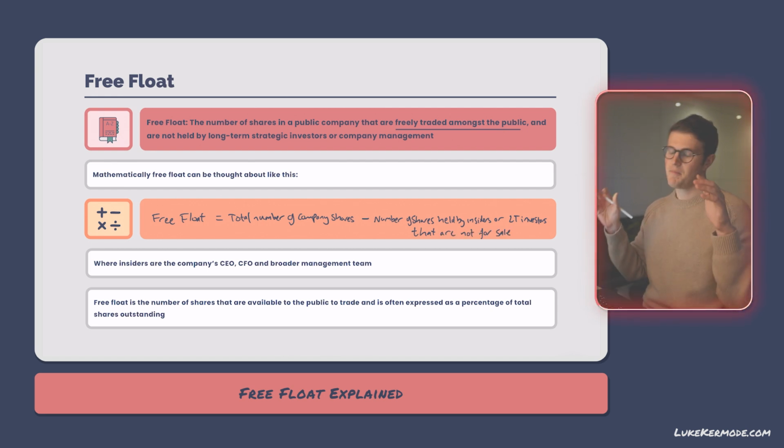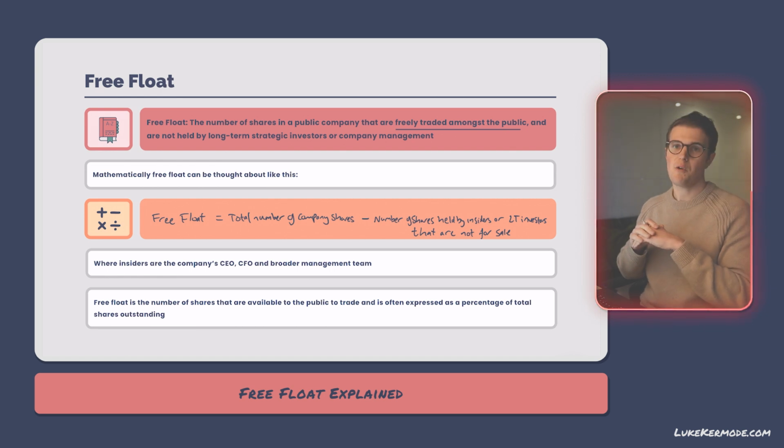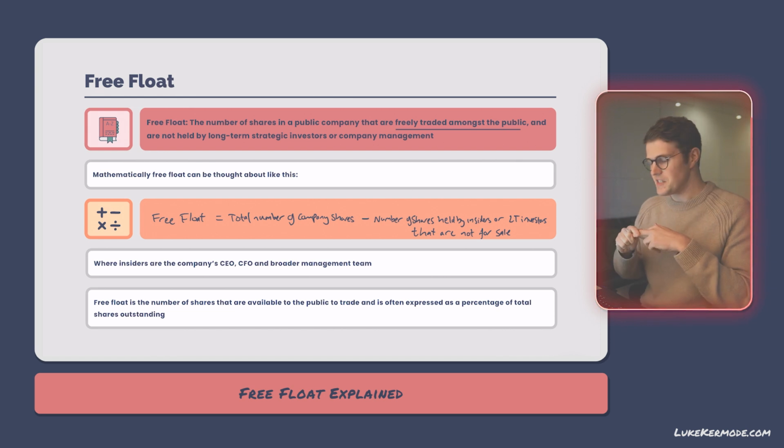That's how I always used to think about it when I was studying towards the exam. You're just deducting the number of shares that are not for sale from the total number of shares the company has in issue.